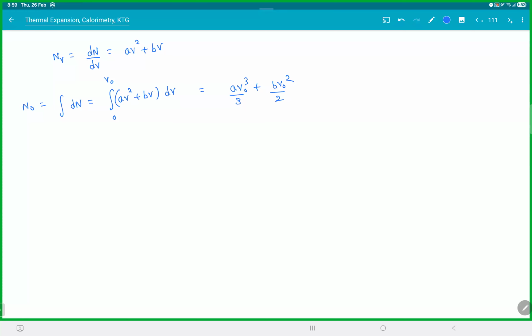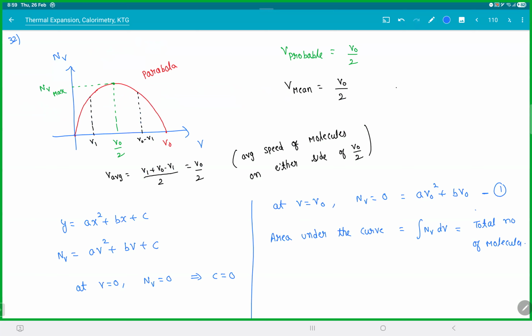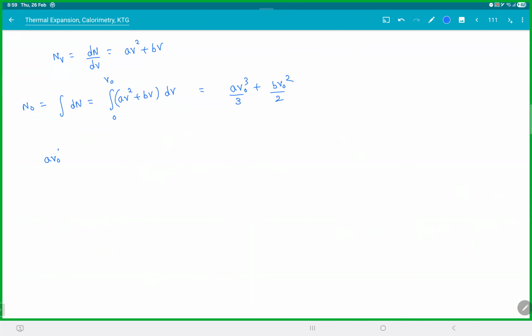So you have equation 1 and equation 2. Equation 1 is a v naught square plus b v naught equals 0, and this is your second equation. Get b from here, which is minus a v naught. Take this and substitute here.